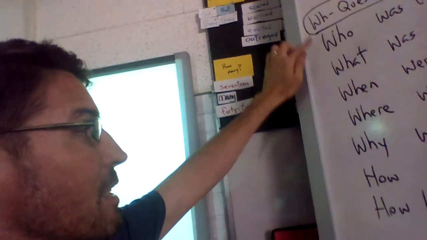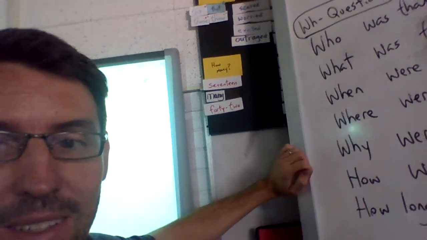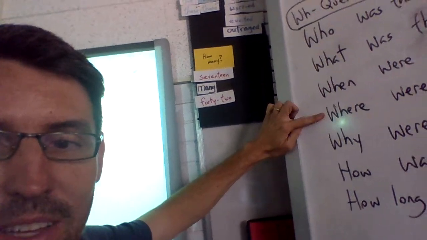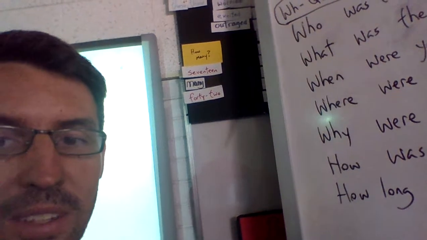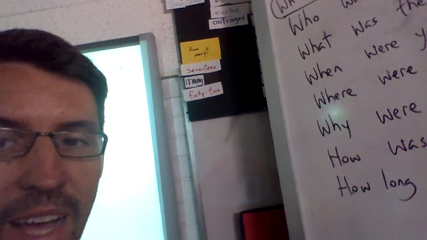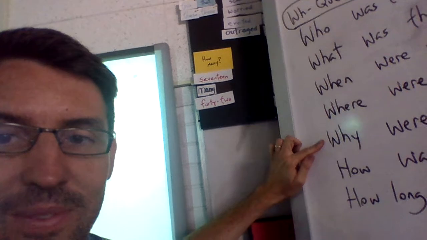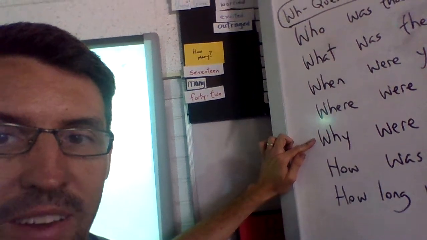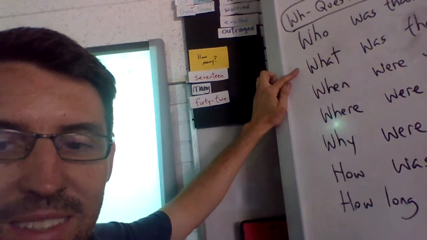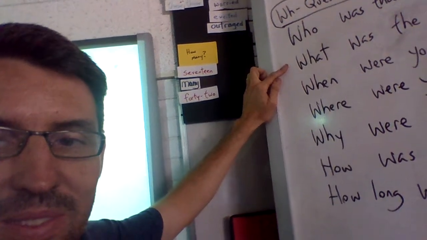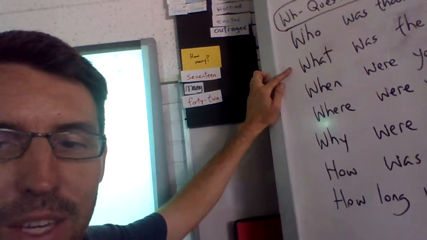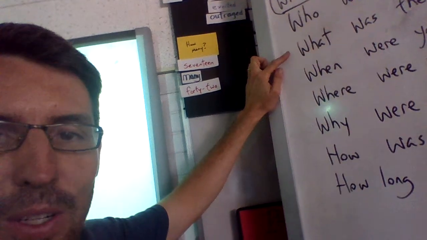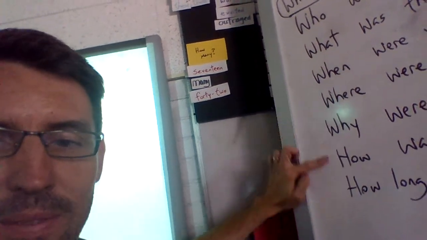Now, which one of these is for a place? Where? Which one is for a reason? Why? Which one is for a thing? What? If I want to know if something was good or bad, I want to know about the quality.